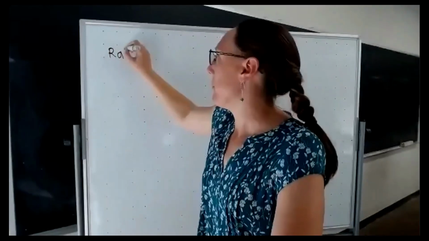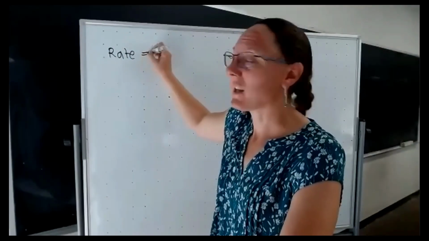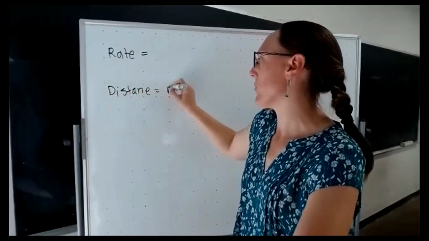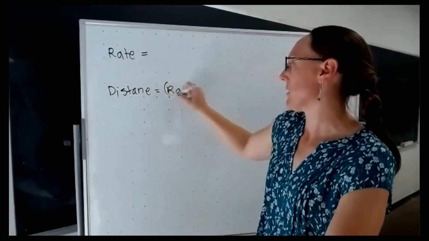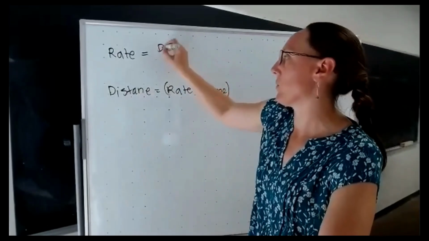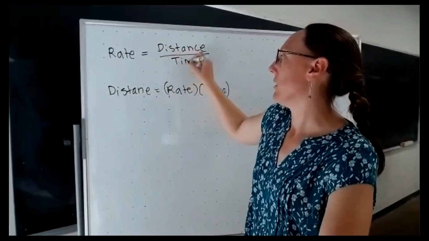But we talk about this in a couple of different ways, either as writing this as distance equals rate times time, or rate is equal to distance over time.